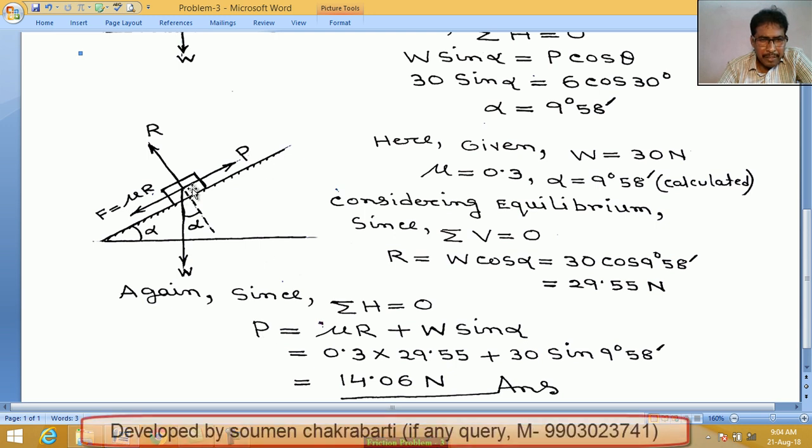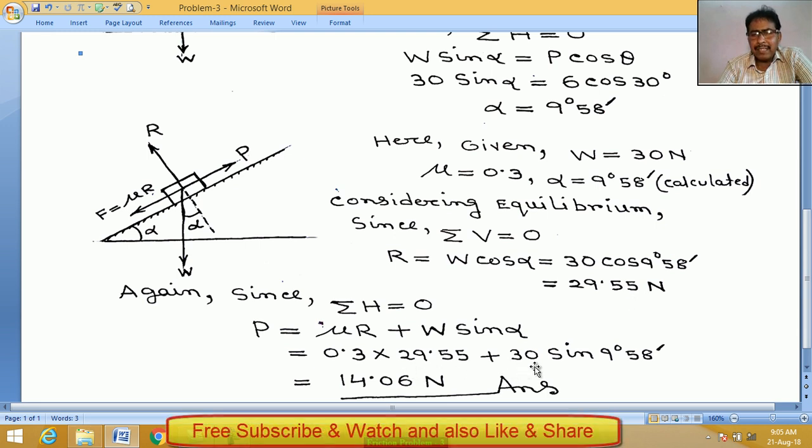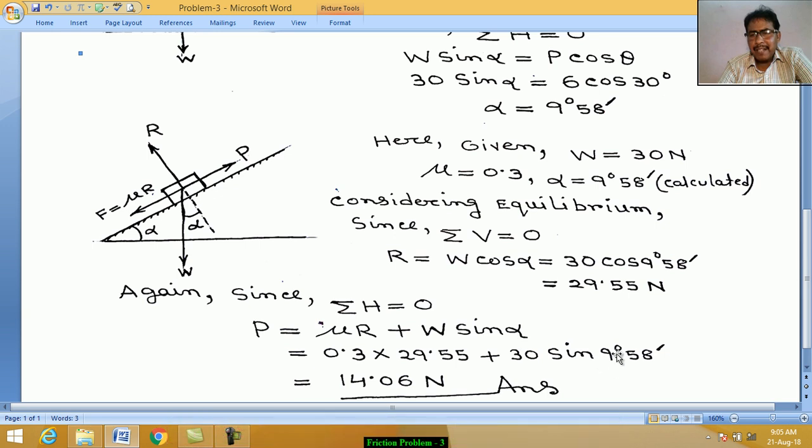In right side direction only P. So sum of the horizontal force 0, P equal to mu R plus component of W in this direction, W sin alpha, equal to mu equal to 0.3, R equal to 29.55, plus W equal to 30, sin alpha equal to 9 degree 58 minute.